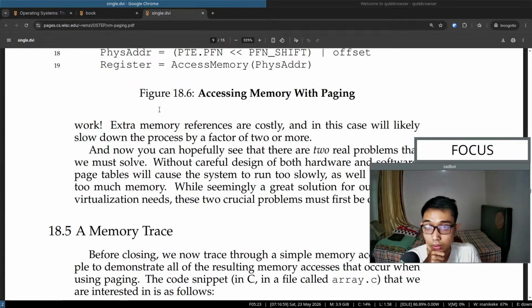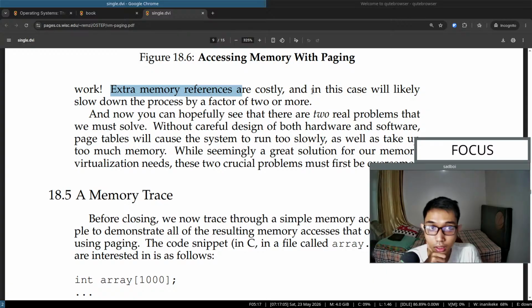That is a lot of work. Extra memory references are costly, and in this case will likely slow down the process by a factor of 2 or more. And now you can hopefully see that there are two real problems that we must solve.